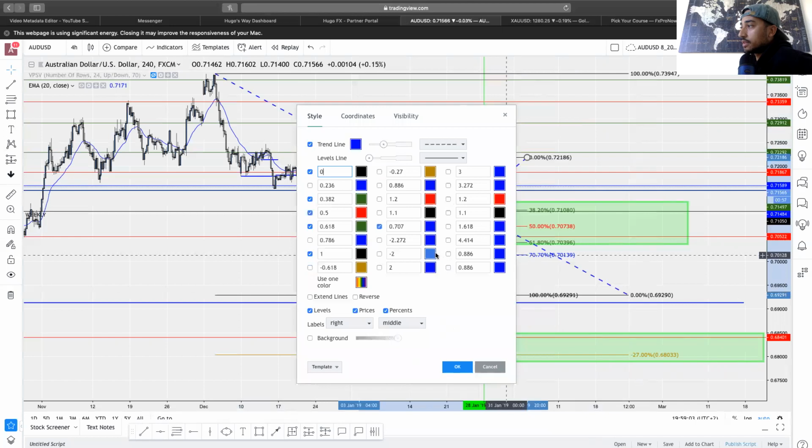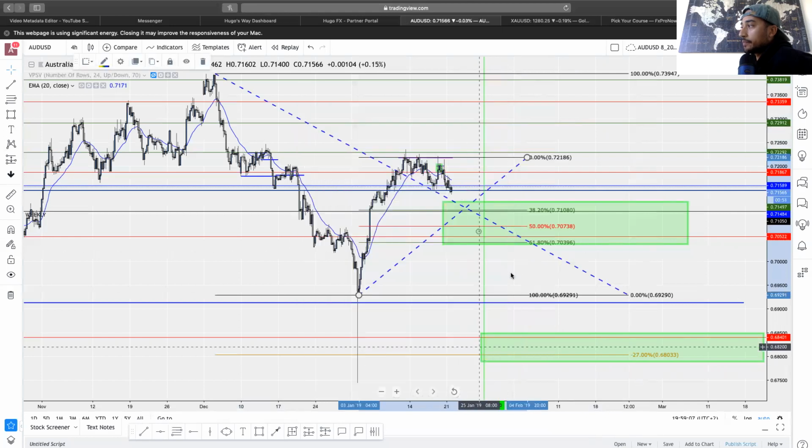Let's take this one off as well. Again, let's just say that it'll continue to the downside. I have one of my take profits at this 0.68 area, somewhere in this area right here, and then the other one at the least of this 38.2.